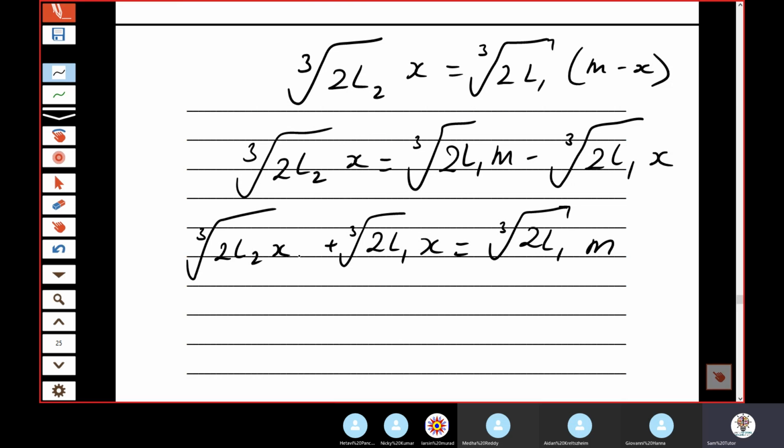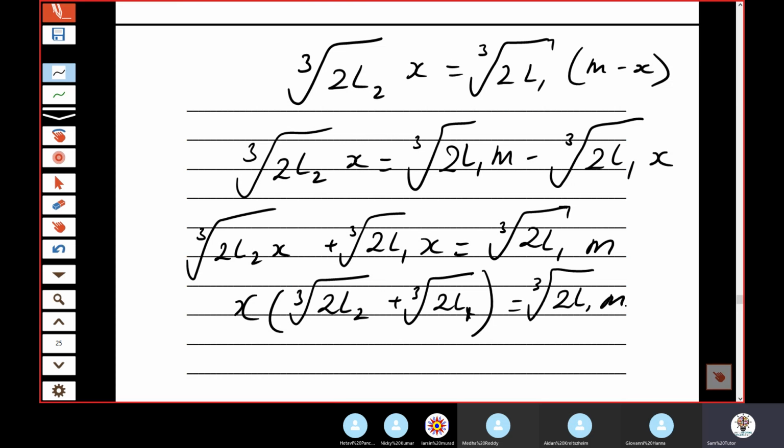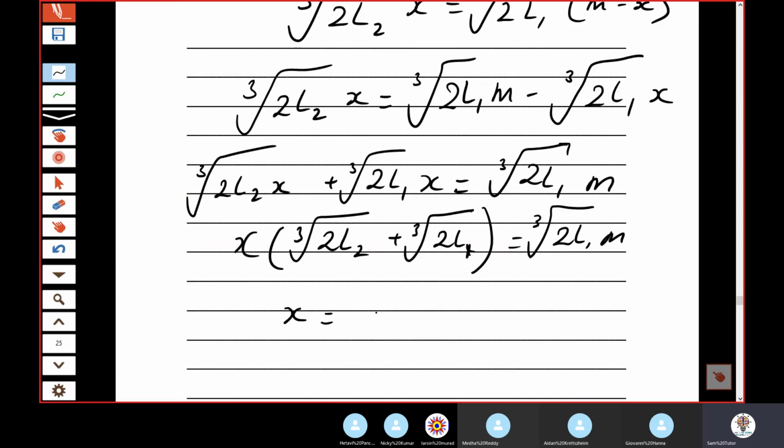Factorize. You're going to factorize your x out, and you're done.